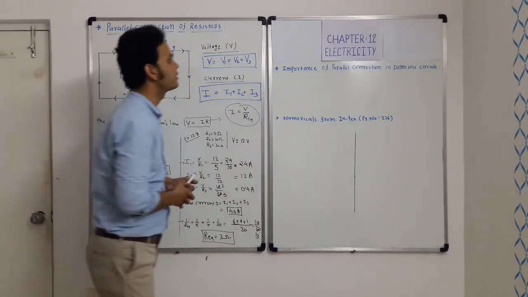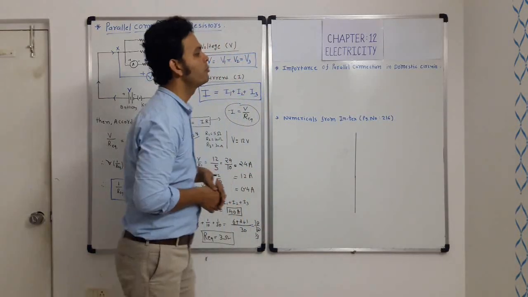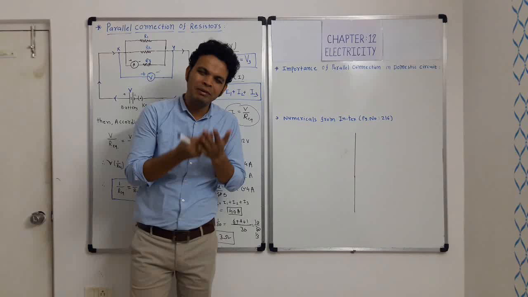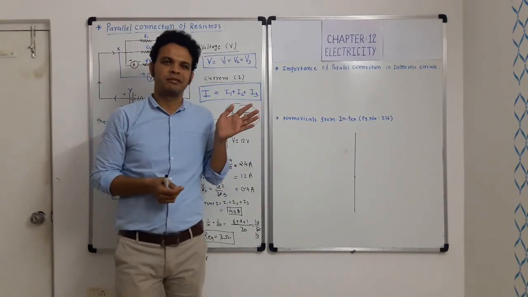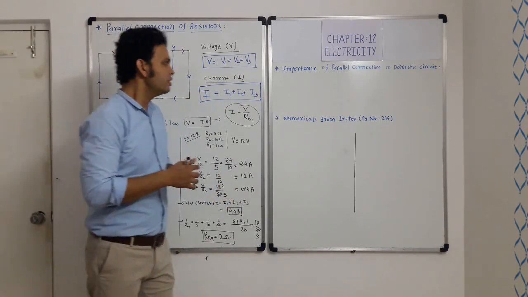Let us proceed further. The next topic is the importance of parallel connection in domestic circuits. In our household, you might be wondering which kind of connection is there, a series circuit or a parallel circuit. So let us see.